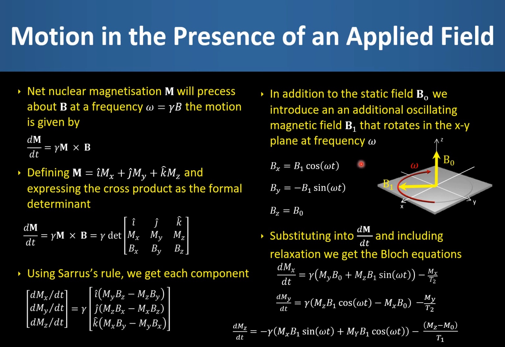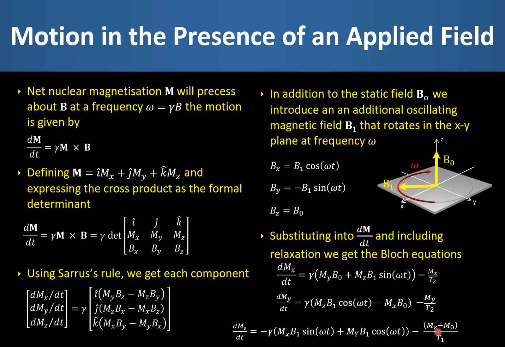On the right-hand side, if we now introduce an RF pulse, that is to say an additional oscillating magnetic field B1 that rotates in the transverse plane at a frequency of omega, and we now make BZ explicitly B0, we then have the differential equations for motion in the presence of an applied B1 field.